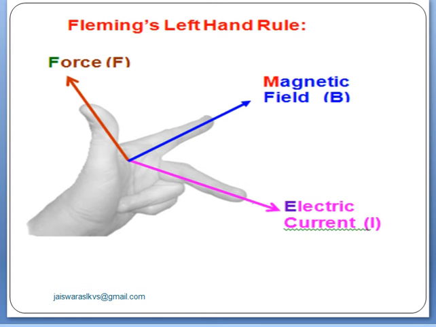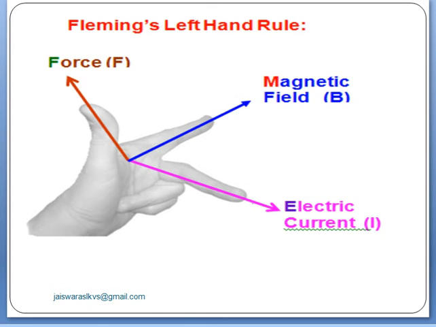Next see, this is Fleming's left hand rule, and you all are already aware about Fleming's left hand rule. When we stretch our left fingers in such a way that forefinger, middle finger and thumb, they all are mutually perpendicular to each other, then if forefinger represents the direction of magnetic field, middle finger represents the direction of electric current, then thumb will point the direction of magnetic force.